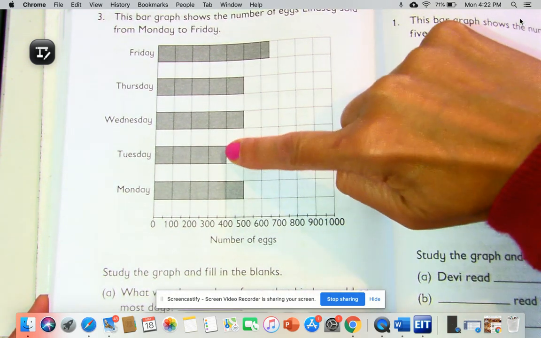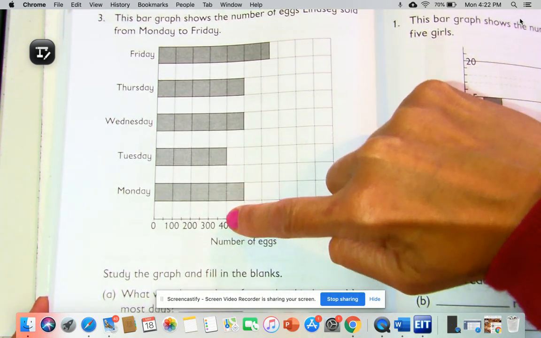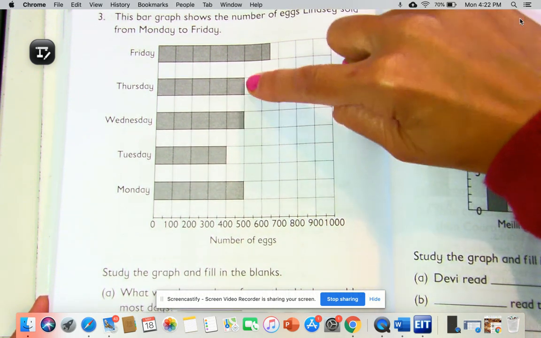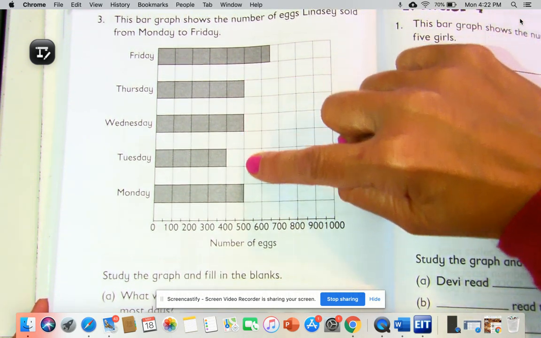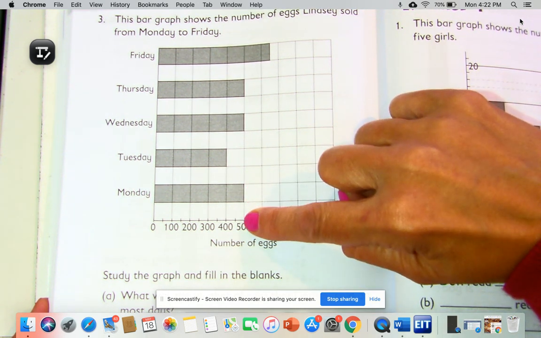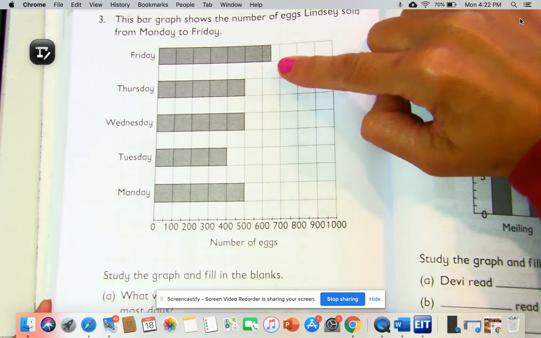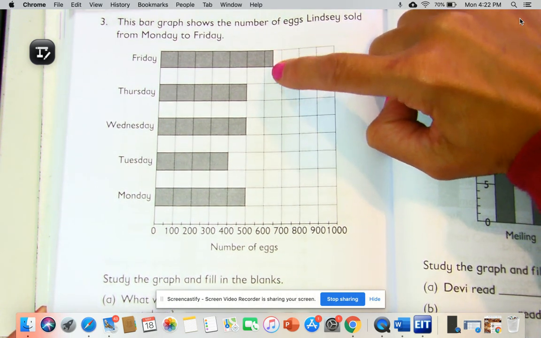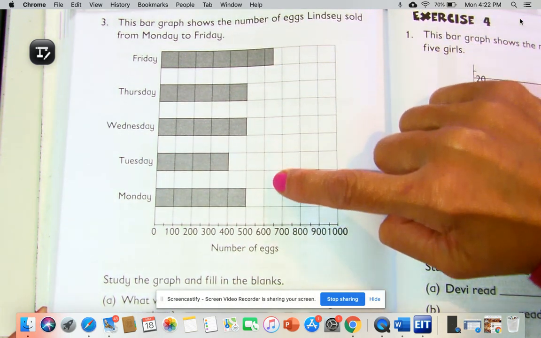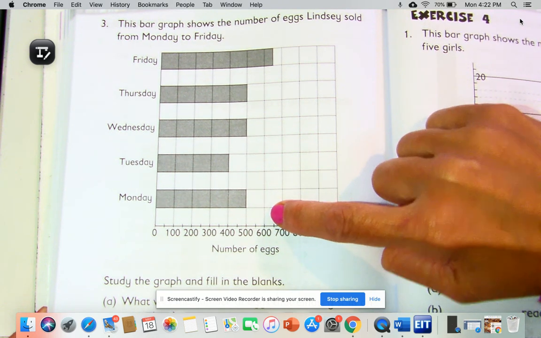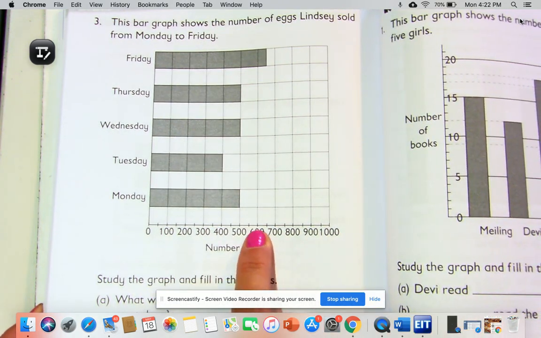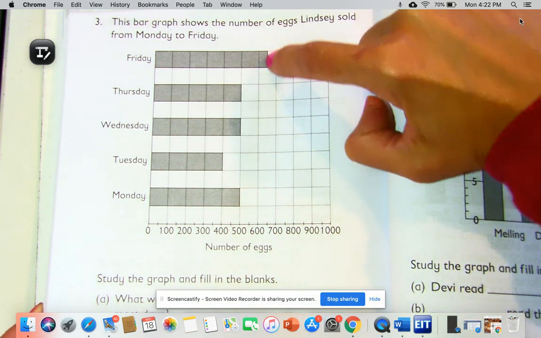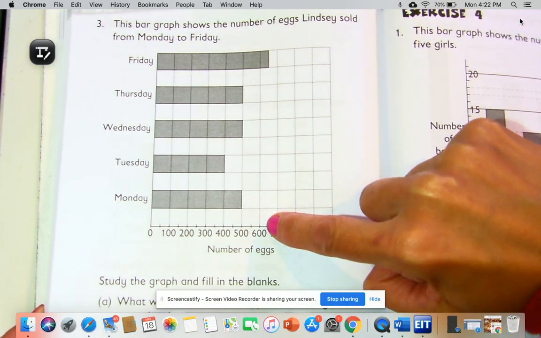On Tuesday, I can see that she sold 400 eggs. On Wednesday and Thursday, same number as Monday, 500. And the trickier one would be Friday because it's right in the middle of two numbers. You follow my finger right in between the 600 and the 700. So I think we can figure out it's going by hundreds. So if it's halfway between one of the hundreds, think about what that number would be.